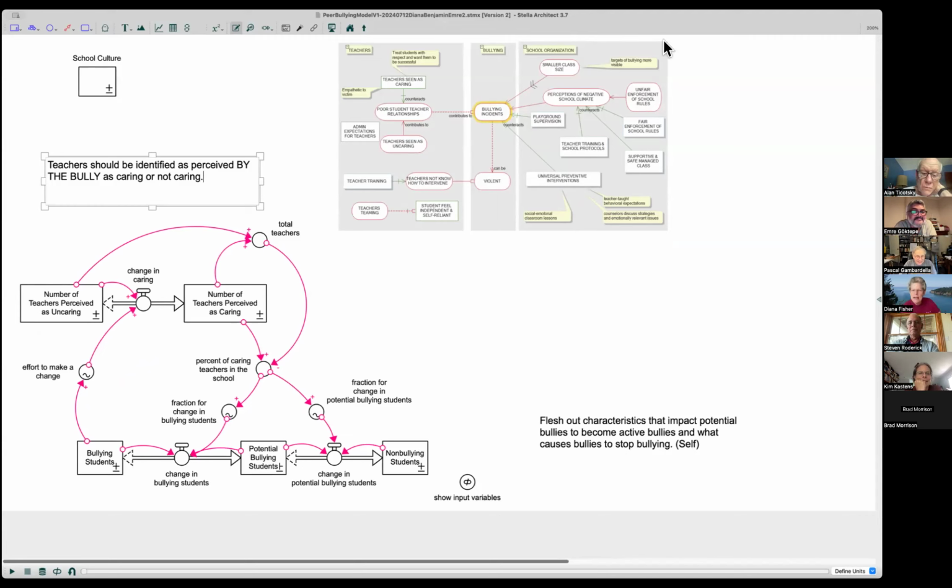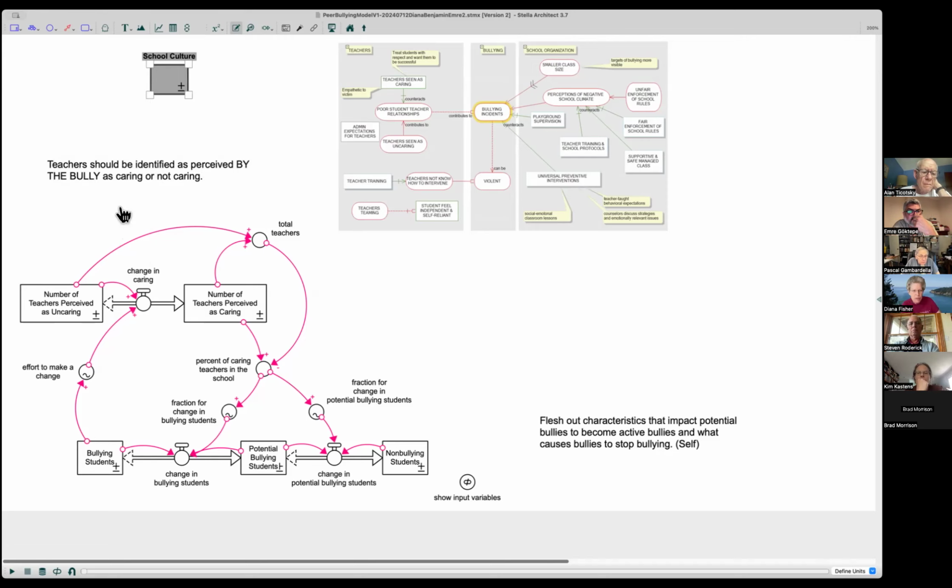What I did was I went to the graphics window and incorporated the concept map from Pascal's concept map, dealing with the environment of the school. And then I added school culture up here because it was mentioned at least twice, once by Steve, and again I think Al mentioned that if we're going to impact teachers, the school culture is going to be critical. I included that teachers should be identified as perceived by the bully as caring or not caring.